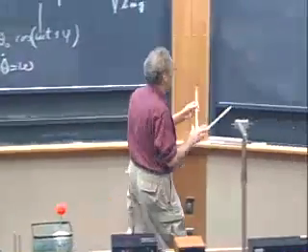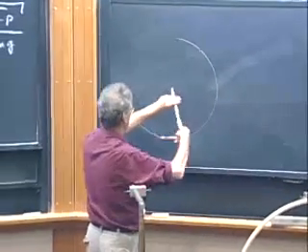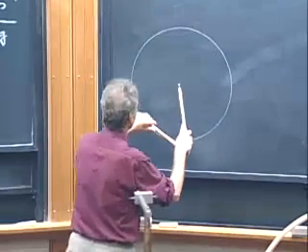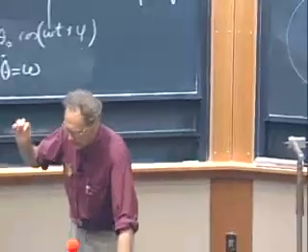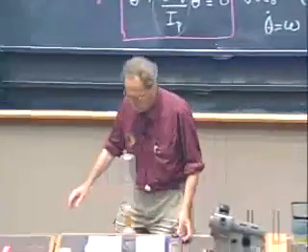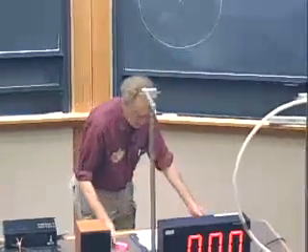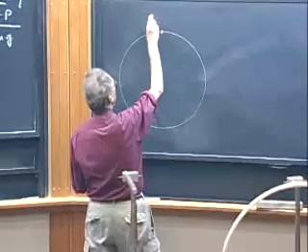And so let me put here this circle, which is this hoop. So all the mass, to very good approximation, is at the circumference. And the oscillation is about an axis perpendicular to the blackboard, point P.